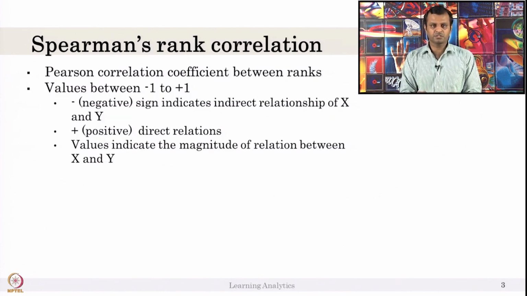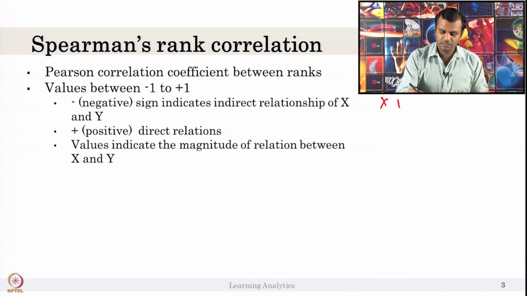Similar to Pearson's correlation coefficient, Spearman's rank correlation also varies between plus and minus 1. A negative sign indicates there is an inverse relationship between x and y, that is, indirectly proportional: if x increases, y will decrease.